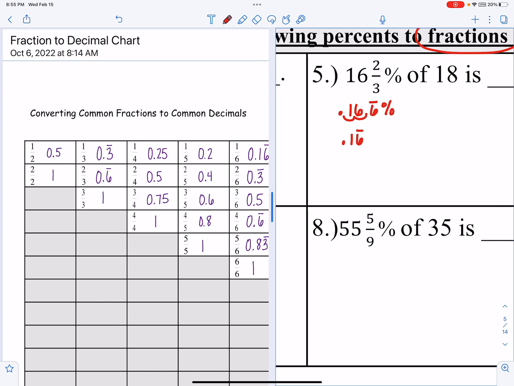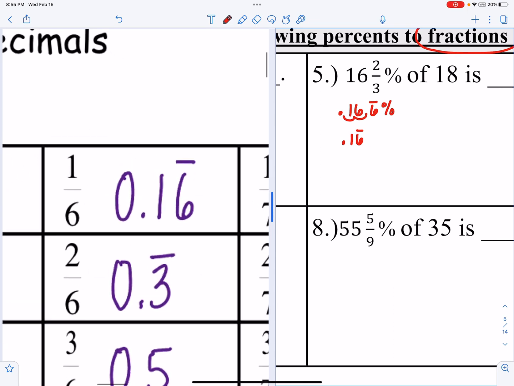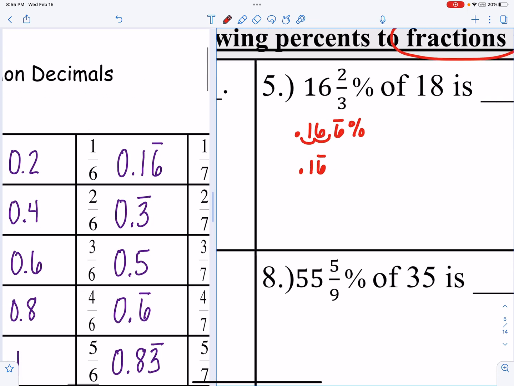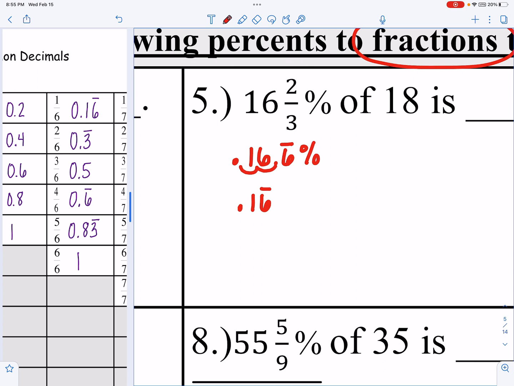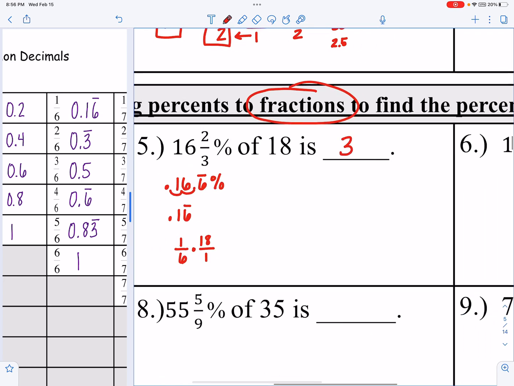I'm looking for 0.16 repeating, and I see that right here with 1/6. So as a fraction this is 1/6, and we're saying 1/6 of 18, or 18 over 1. 18 divided by 6, we know, is 3. And so there we go.